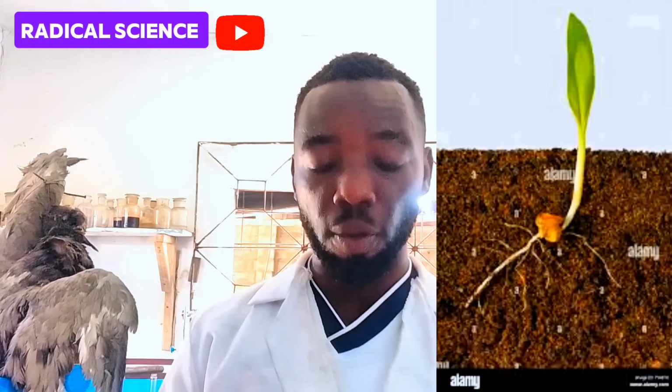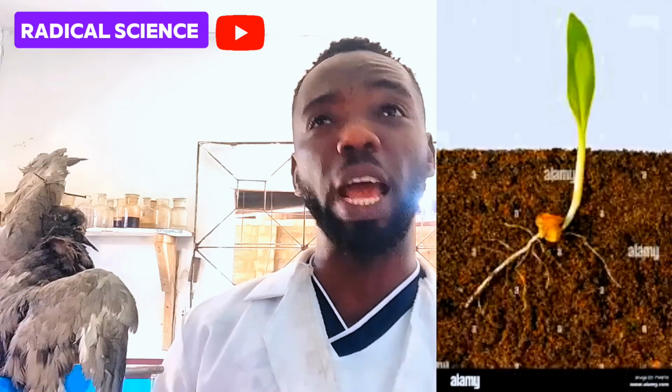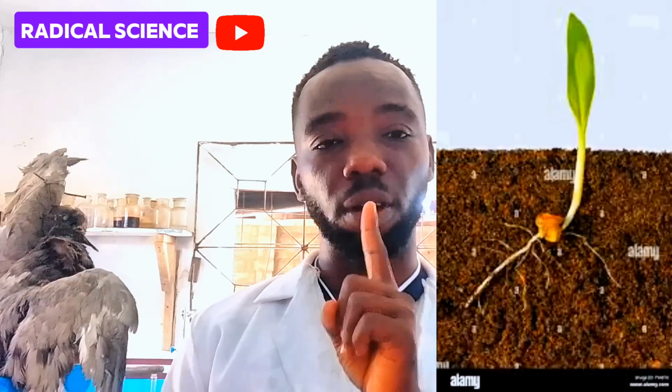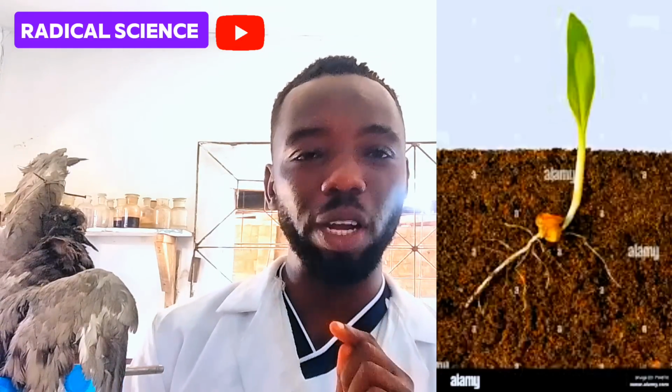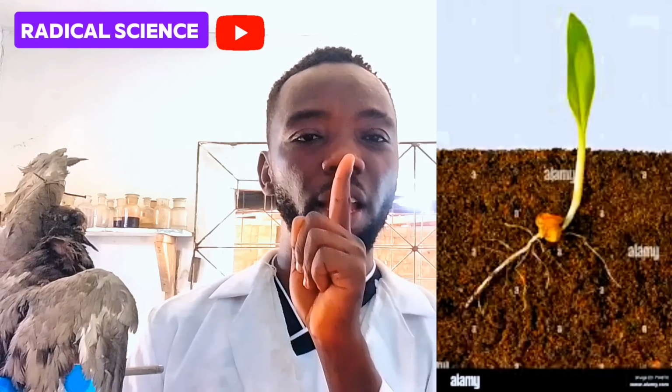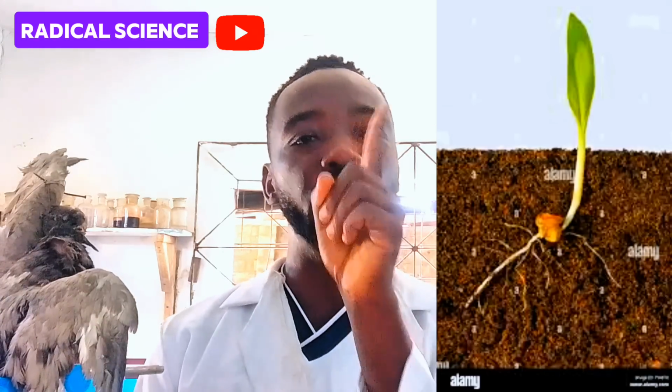Why do we say that it exhibits monocotyledon? From my first explanation, I told you that dicotyledons have two seed leaves, but monocotyledons only have one seed leaf. So how it germinates is that one seed leaf will grow out, then after some days it will spread like this. Another one will come up, and it will spread like this.